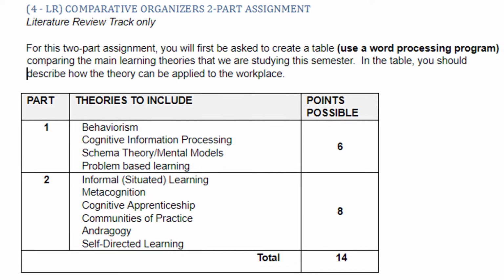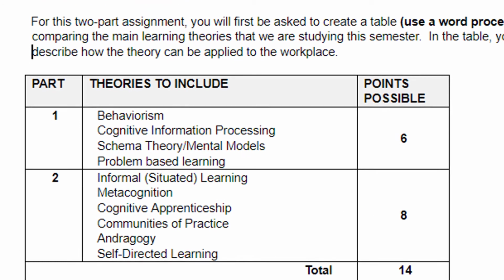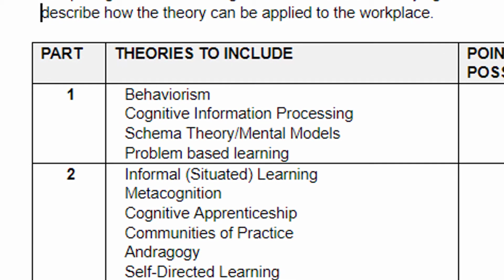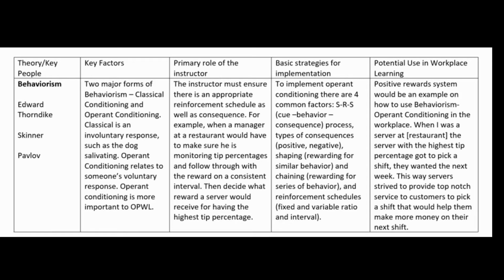The Comparative Organizer will include behaviorism, cognitive information processing, schema theories, including mental models, and problem-based learning for the first assignment. Let's take a look at an example of the table with the headings.